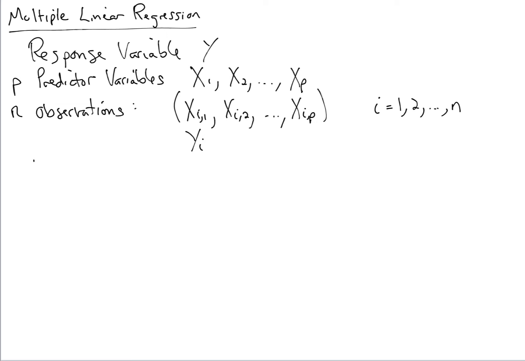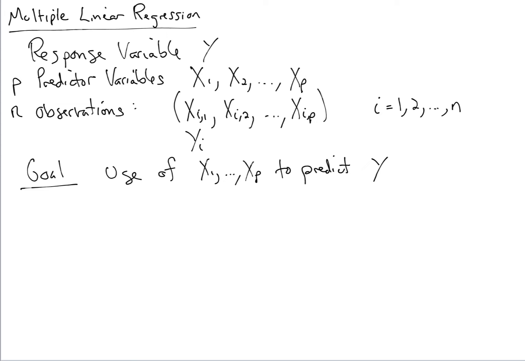And as in our univariate case, our goal is again to use the predictors x1 to xp to predict that response y. That is actually an estimation of the conditional expectation of y given those predictors, x1 to xp.